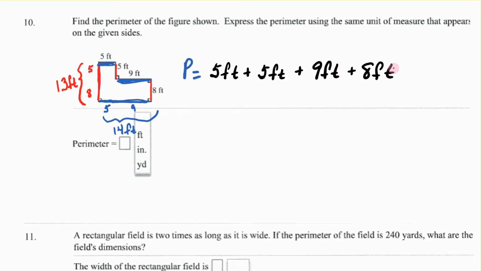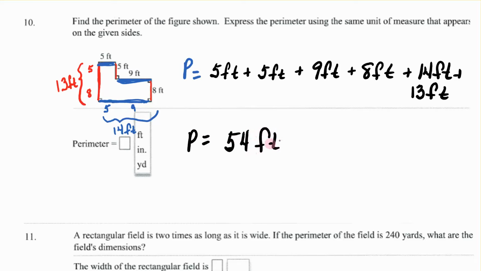All right, here, I've done 5, 5, 9, 8, plus 14 feet at the bottom, plus 13 feet on the left-hand side. I have 1, 2, 3, 4, 5, 6 numbers. Add them up, and I get 54 feet.